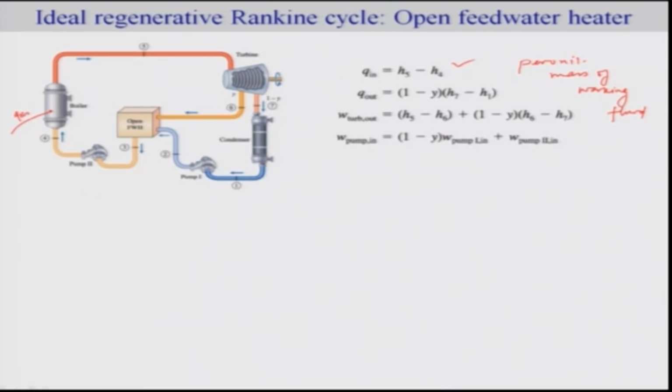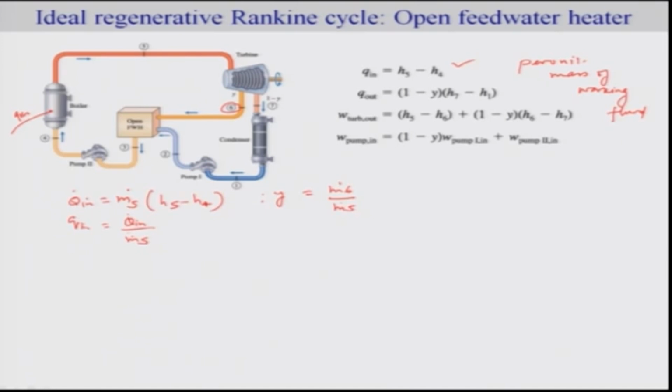So if you want to find the total Q in dot, it is going to be m5 dot times H5 minus H4, okay. Considering y as m6 by m5, this is the stream extracted at intermediate pressure, okay. So per unit mass of working fluid, Q in is nothing but your Q total in divided by m5, okay.